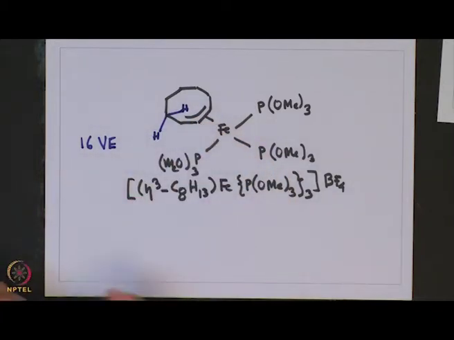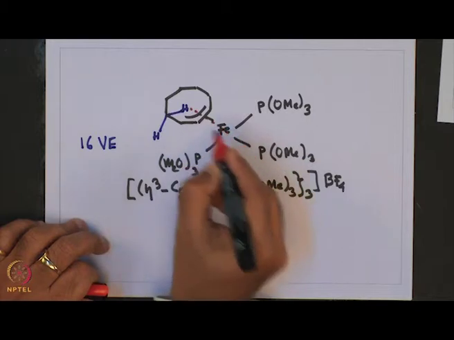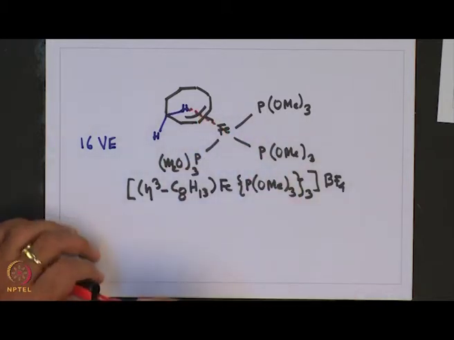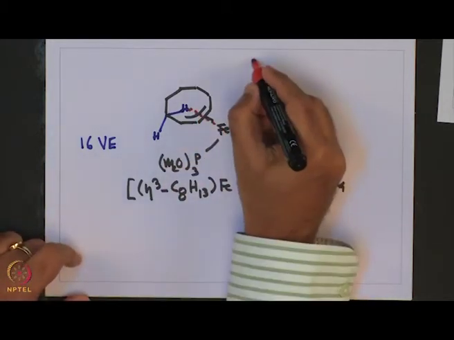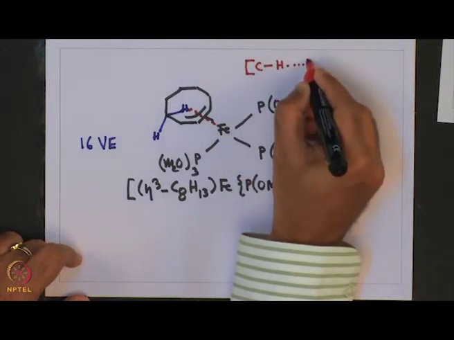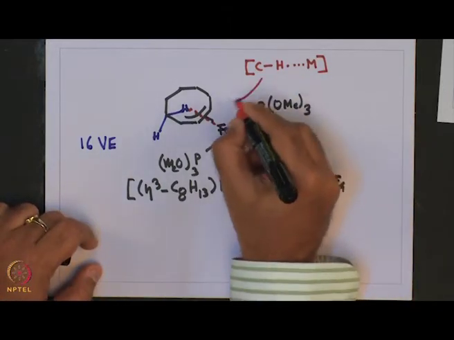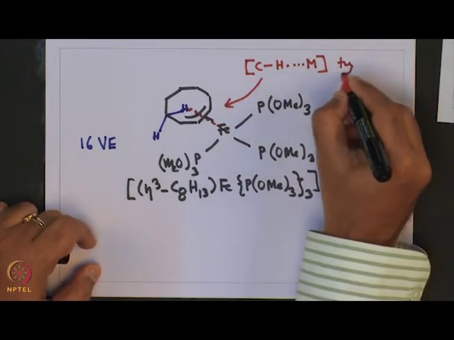So, one of these hydrogens interacts with the iron center in an agostic fashion, which is a CH-M type interaction.